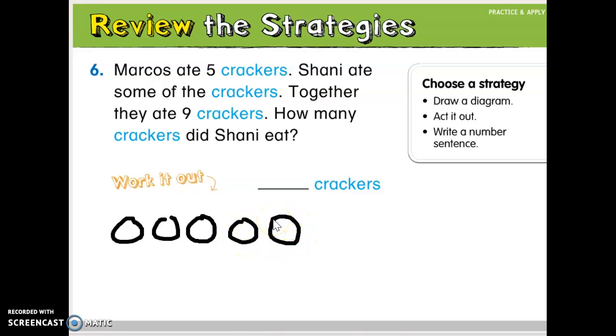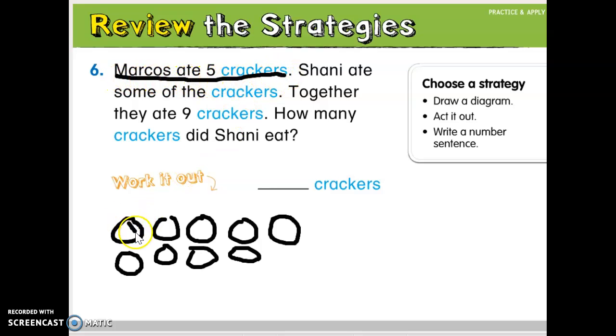Now, we know that Shani ate some of the crackers. Together they ate 9 crackers. Okay, so here's what I'm going to do. Together they ate 9 crackers. So I'm going to make this 9 right now. 6, 7, 8, 9. Okay, so I go back and I'm going to underline what we know. Marcos ate 5 crackers.